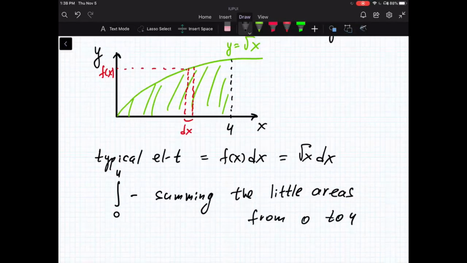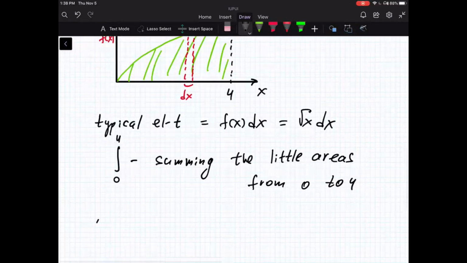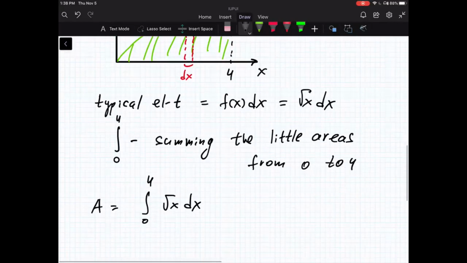And so I obtain that my area will be the summation of typical elements, which are square root of x times dx. So in other words, I again obtain that my area is just the definite integral of the corresponding function.